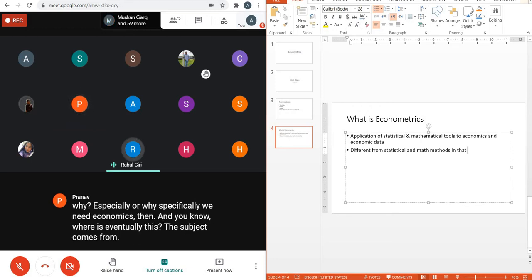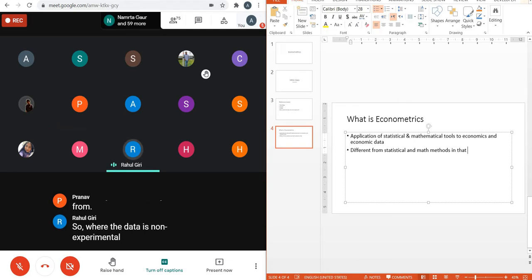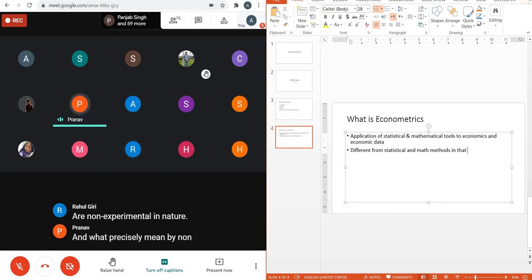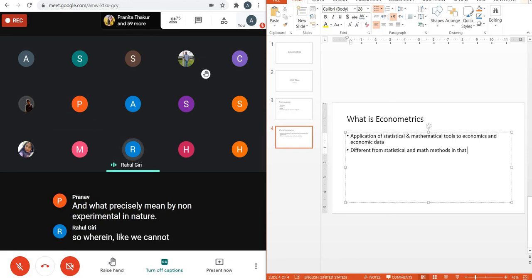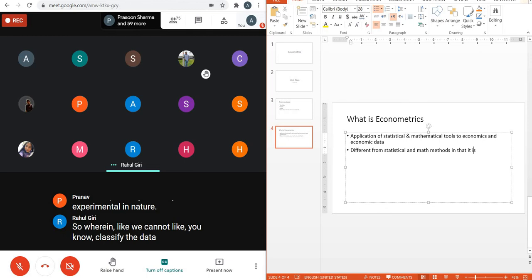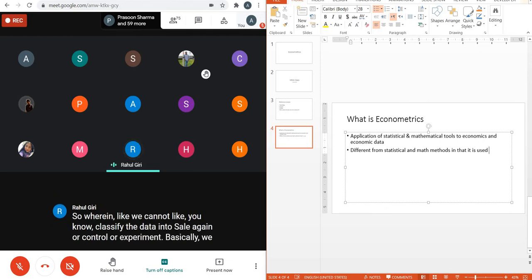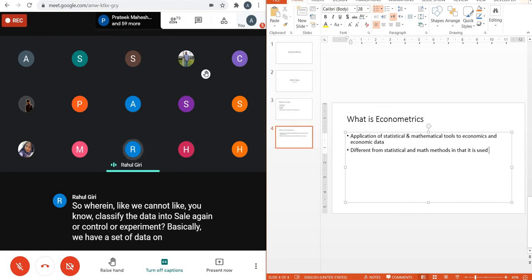Where the data is non-experimental in nature, then we use econometric models. Non-experimental means we cannot classify the data into a control or experiment. Basically we have a set of data on which we want to test a theory.